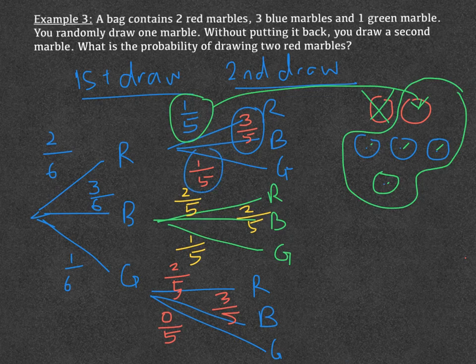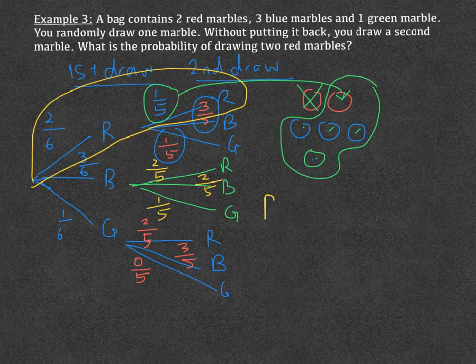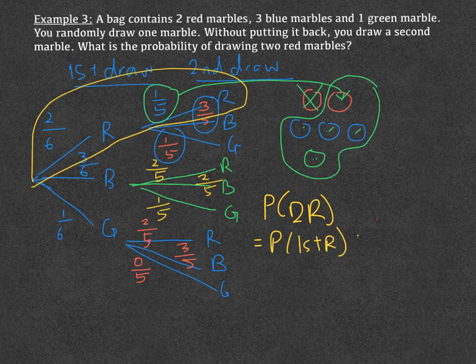So the probability of drawing 2 red marbles here will be the probability of drawing the first red multiplied by the probability of drawing the second red. The probability of drawing 2 red marbles will be the probability of the first red multiplied by the probability of the second red after the first red.